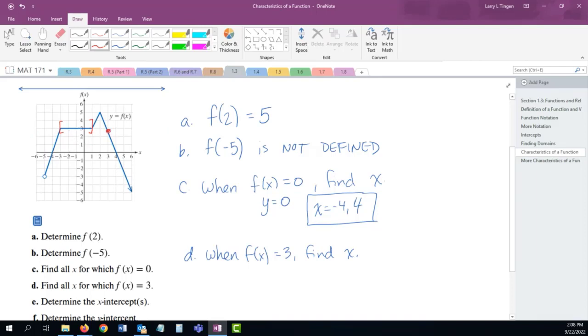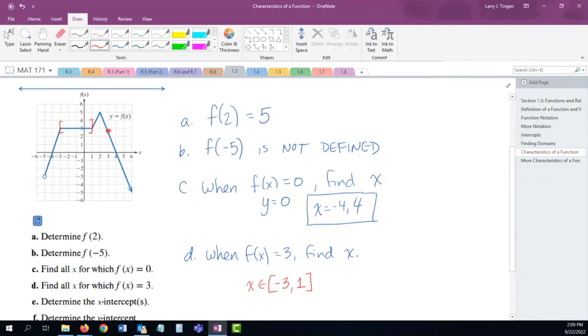If I plug in -1, I get out 3. If I plug in -2.5, I get out 3. It keeps happening over and over again. So I need to write this interval that starts at -3 and goes until 1. The endpoints are not open circles, so they are included.